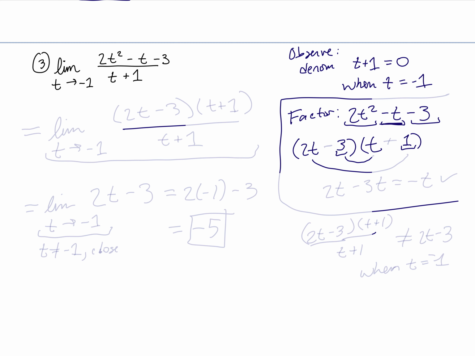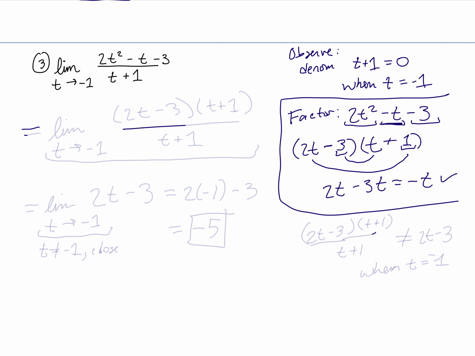So I want my 3 to be negative and my 1 to be positive, because then my middle terms would be 2t times 1, 2t, minus 3t gives us a negative t. Okay, so that means our middle terms check out. Our first terms multiply to give us 2t squared, and our last terms multiply to give us negative 3. So great, that is the factorization of the numerator.